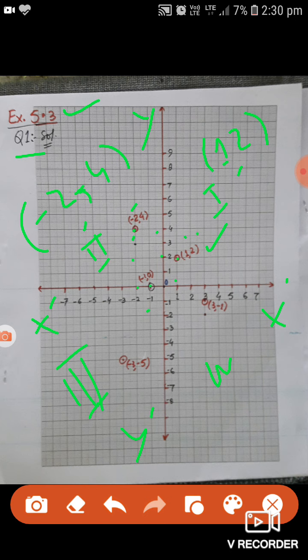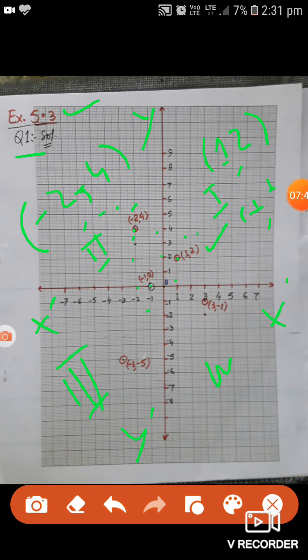Similarly, we can check (-3, -5). Both the abscissa and the ordinate are negative. This point will lie in the third quadrant, because in the third quadrant we have points of negative type. In the first quadrant we have positive type points, both positive.